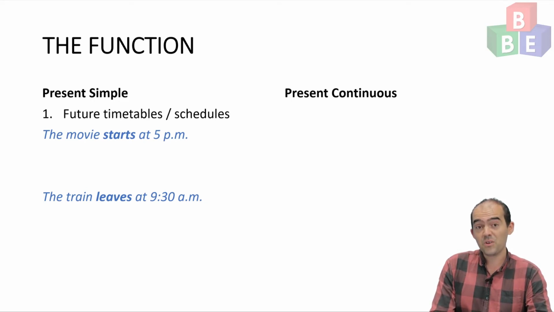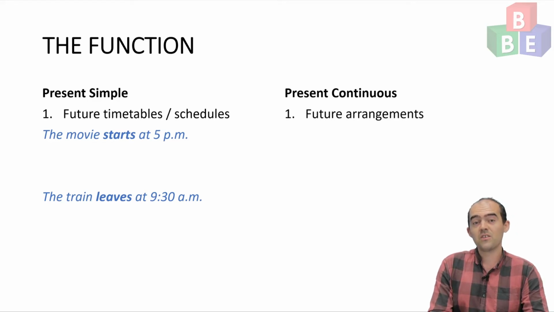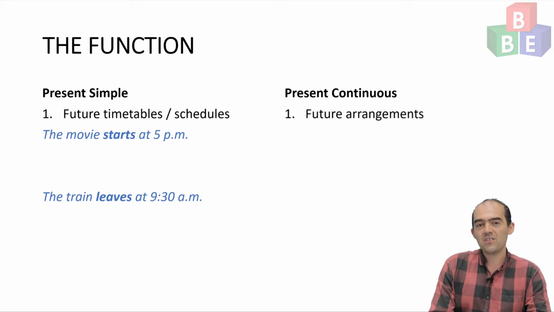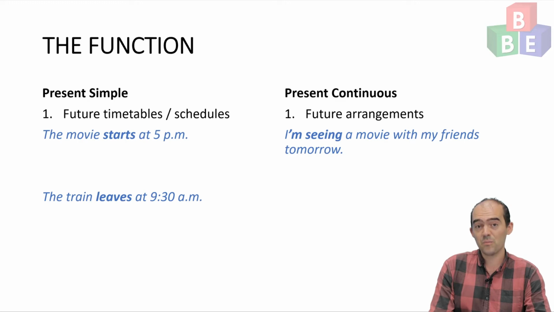The present continuous, on the other hand, is for future arrangements. So, an arrangement is an agreement that I have made with another person or another organization. For example, I'm seeing a movie with my friends tomorrow.